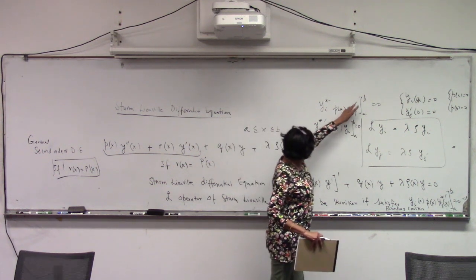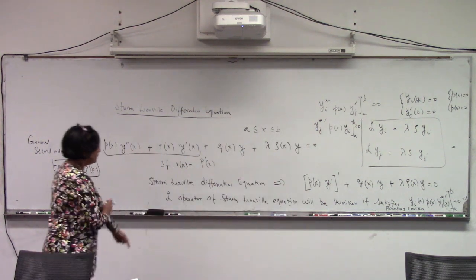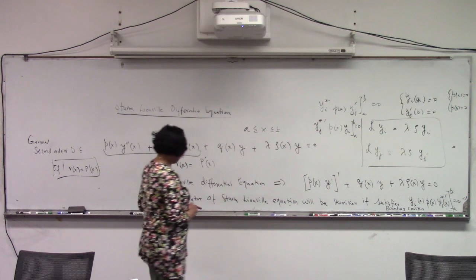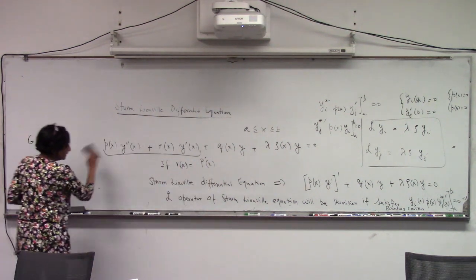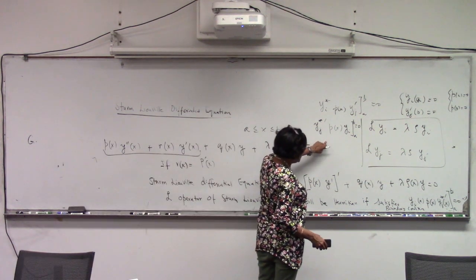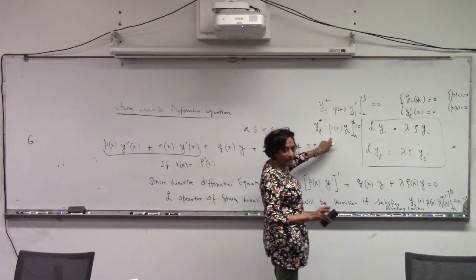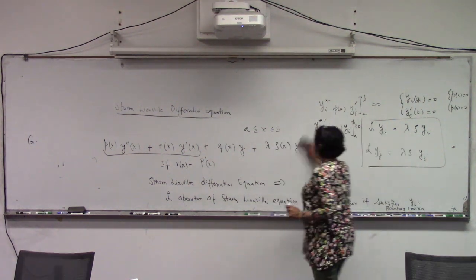That's the way to satisfy this. I'll try to prove to you why this condition is important, and that's what makes operator L Hermitian, otherwise it is not Hermitian. So I'm going to talk about it.